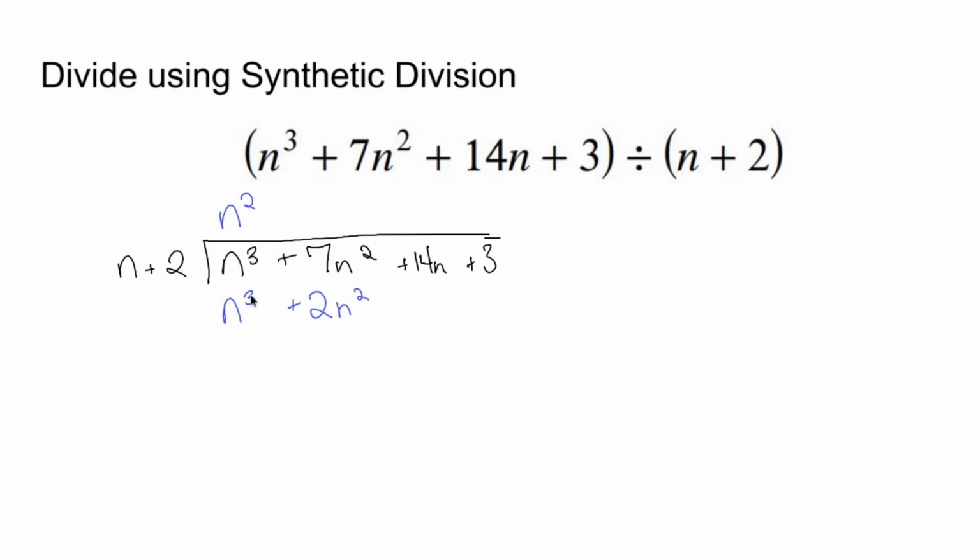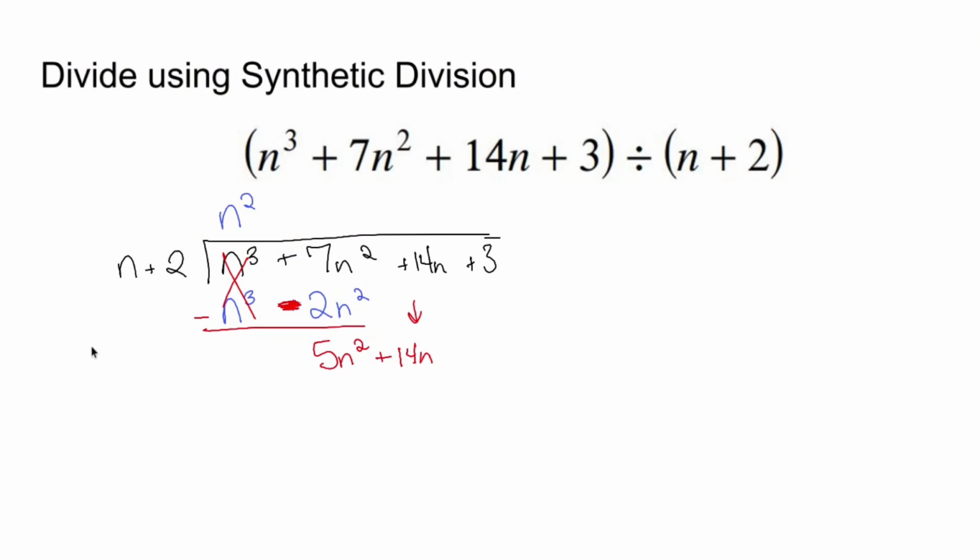Now, once we do that, we subtract the entire row, which means flip all the signs. So the n cubed now becomes a minus. It will always go away. 7n squared minus 2n squared is 5n squared. Drop down the 14n, the positive 14n, and repeat the process.